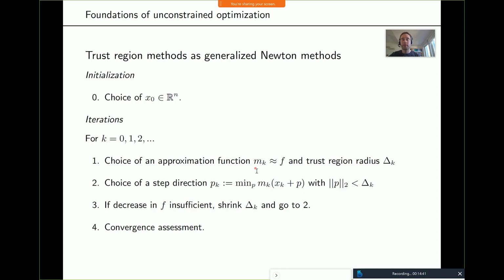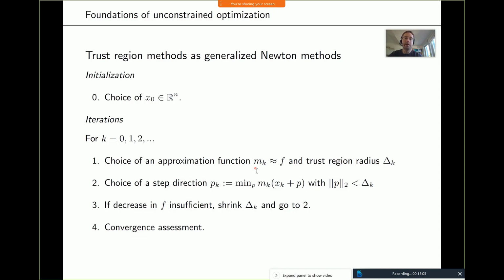In Newton methods, the approximation function is the second order Taylor approximation, but of course you can think of other approximation functions. It's similar to line search methods, where you not necessarily take the gradient as your direction, and here you not necessarily take the second order Taylor approximation.